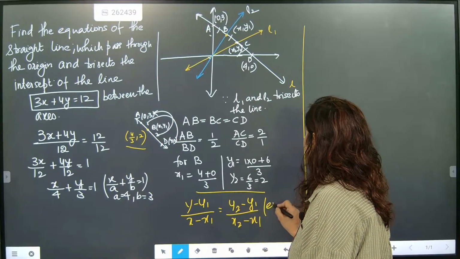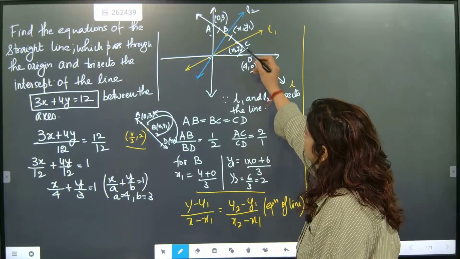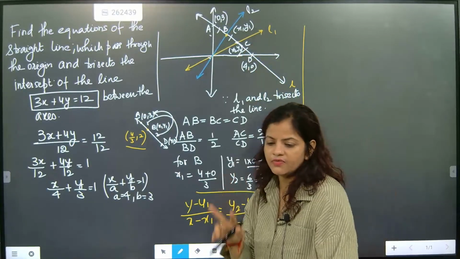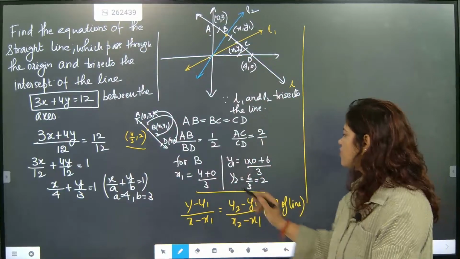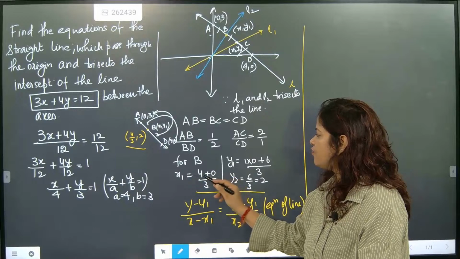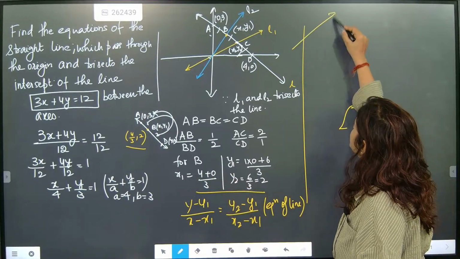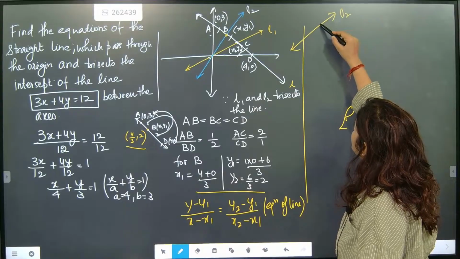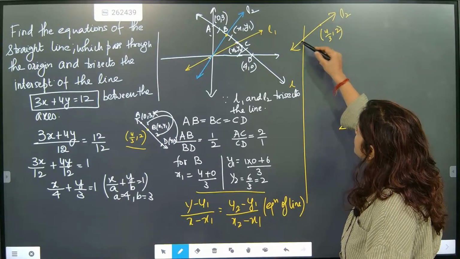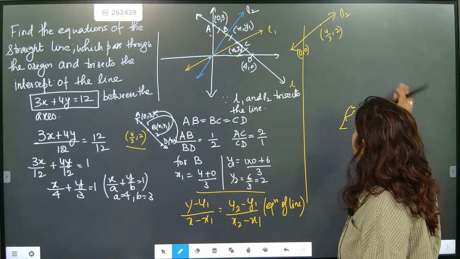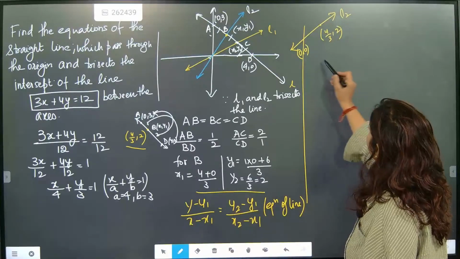This will give you the equation of the line. Here, two points are known: one is the origin and another we just derived, which is 4 by 3 comma 2. With these we can form the equation of line L2. So one point is 4 by 3 comma 2 and another point is 0 comma 0.